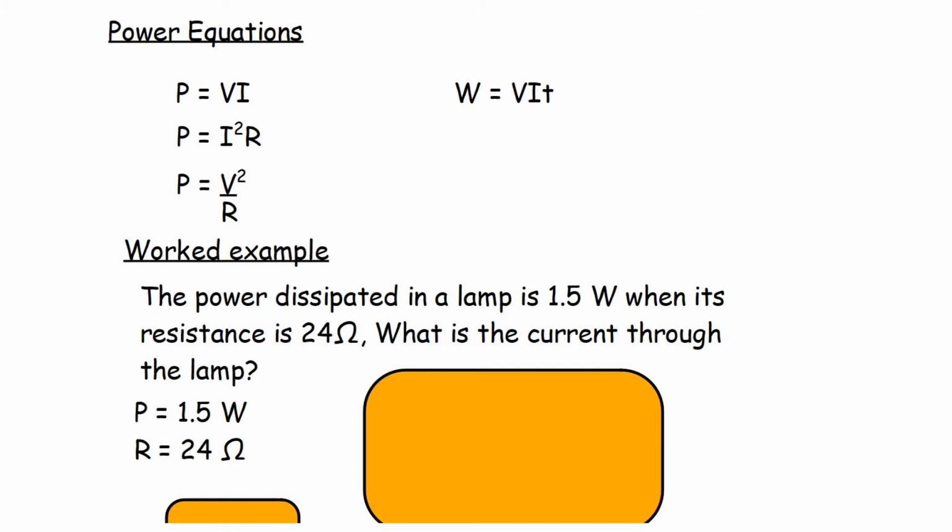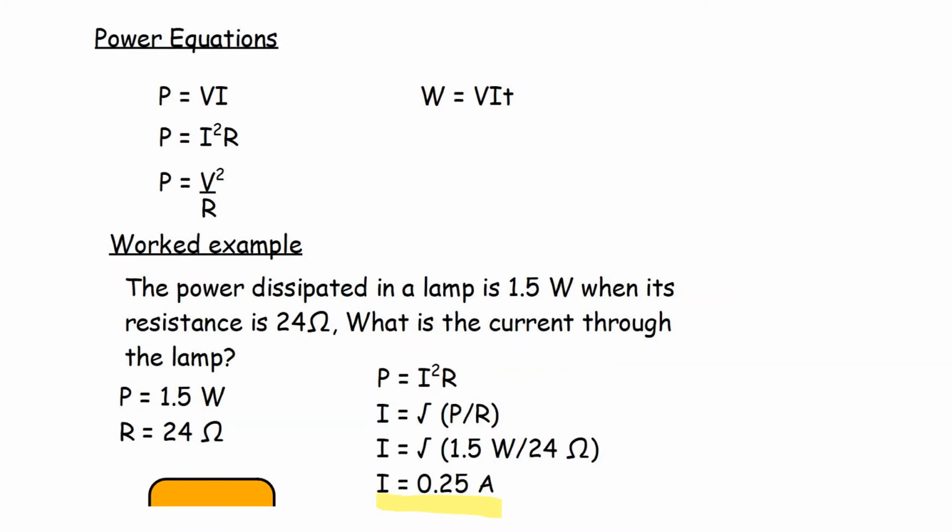Power equals 1.5 watts, resistance is 24 ohms, and so we're going to use power equals I squared R. Rearrange that to find current. So I equals the square root of P over R, which equals the square root of 1.5 divided by 24. And you should get an answer of 0.25 amps.